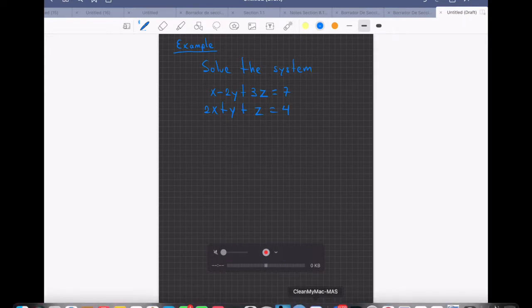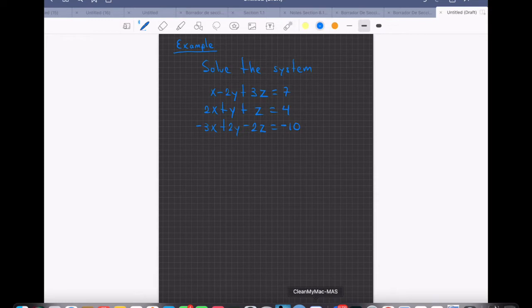All right, example. Let's say that we have the system x minus 2y plus 3c equal to 7, 2x plus y plus c equal to 4, negative 3x plus 2y minus 2 times c equal to negative 10.